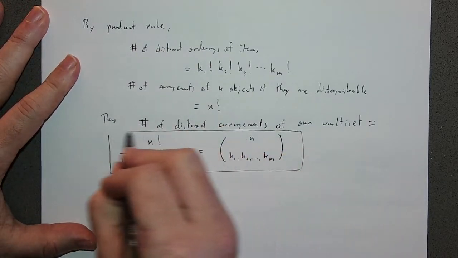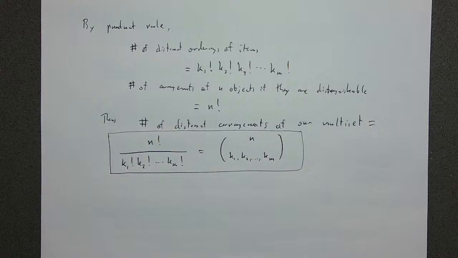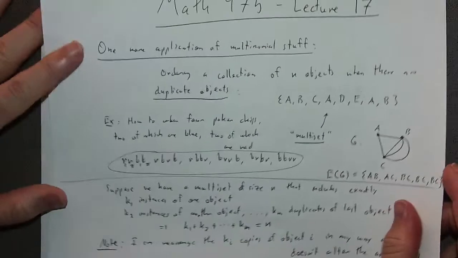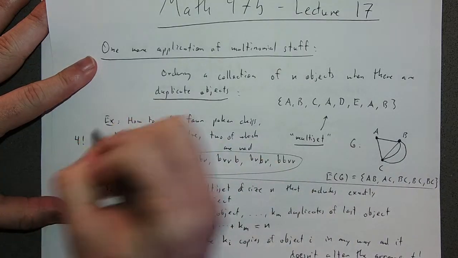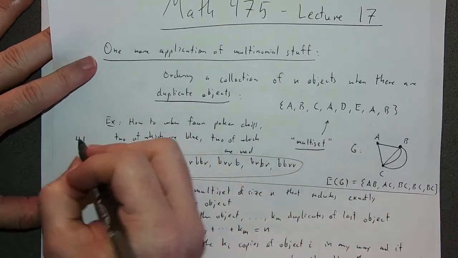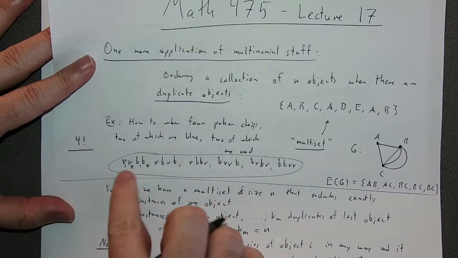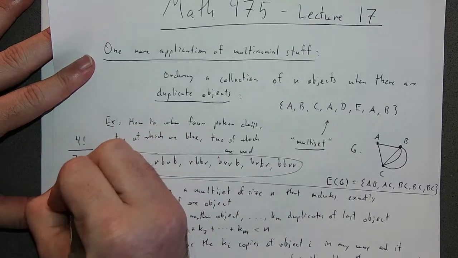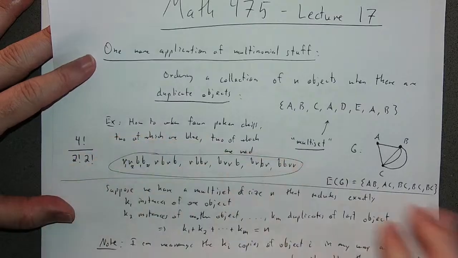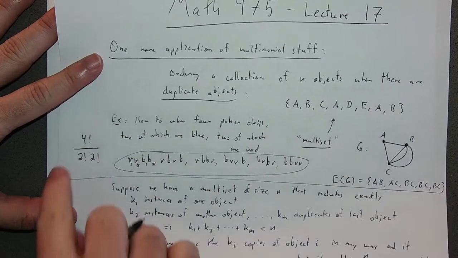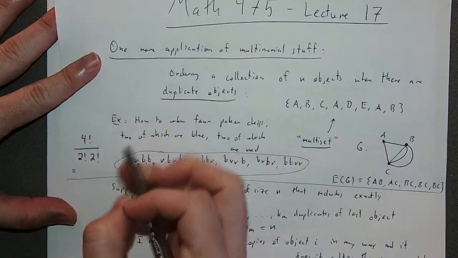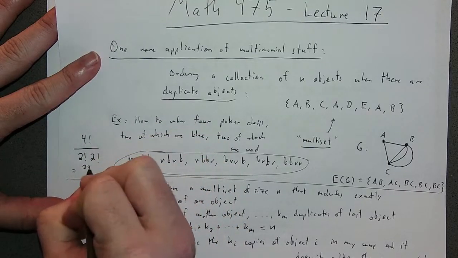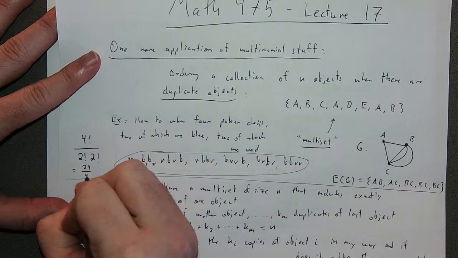Okay. So let's go back to our example really quickly. Here, in our example, the total number should be 4 factorial over, there's 2 reds and 2 blues. So this should be 4 factorial over 2 factorial times 2 factorial, which is 4 factorial is 24. 2 factorial is 2, so this is 2 times 2, so this is 24 divided by 4.